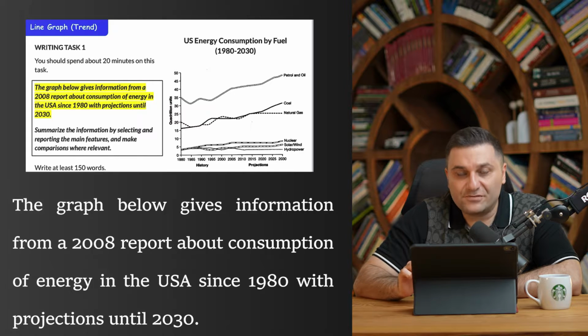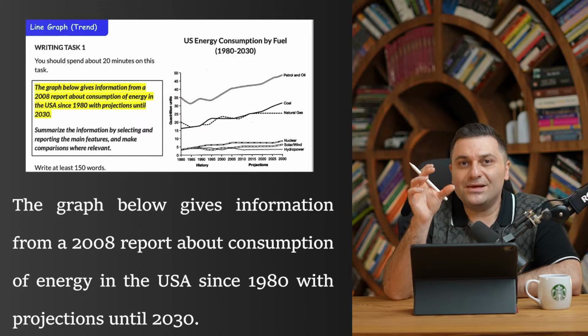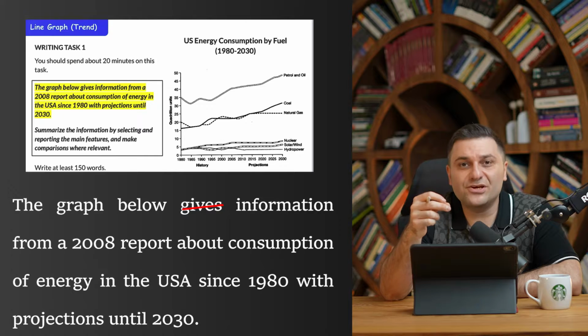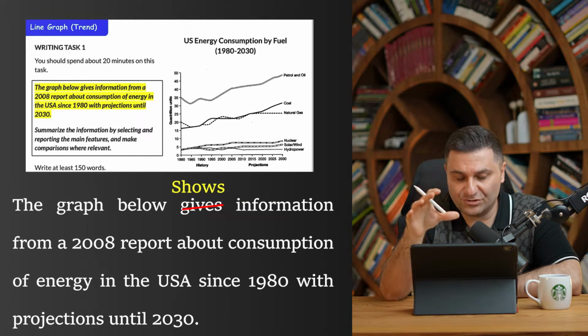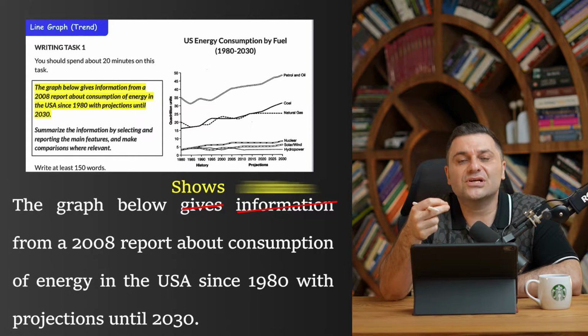The graph below gives information from a 2008 report about consumption of energy in the USA since 1980 with projections until 2030. Now, instead of gives, we can use shows. Instead of information, we use data.